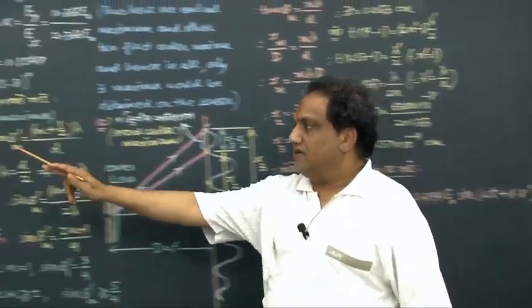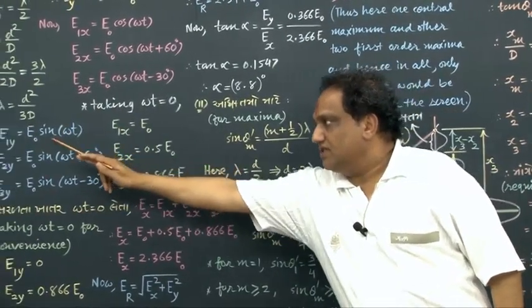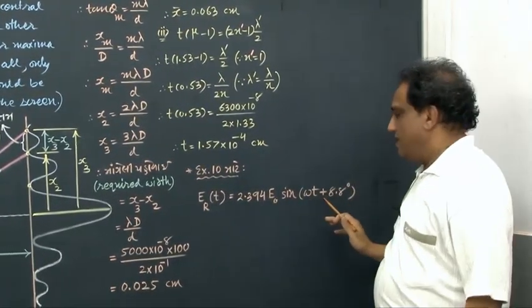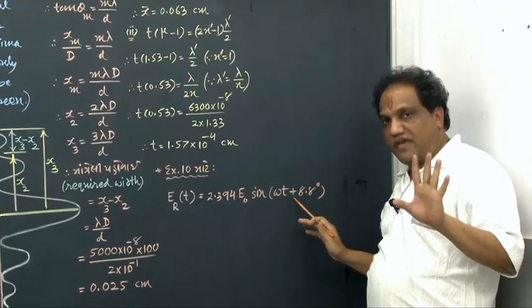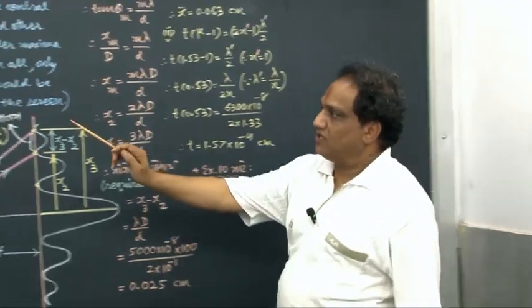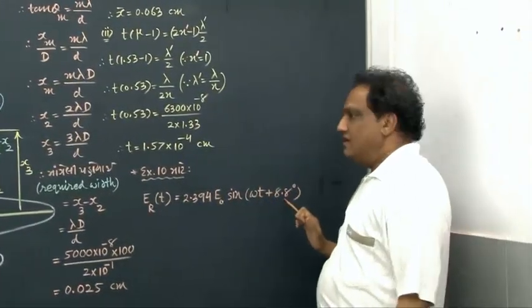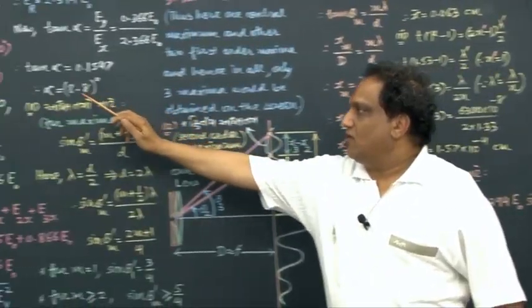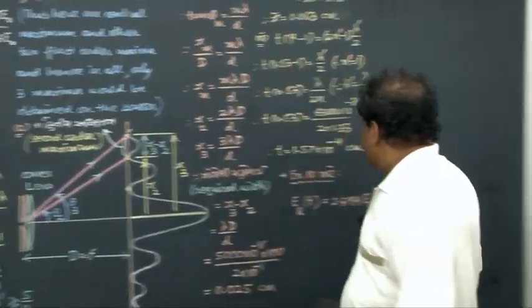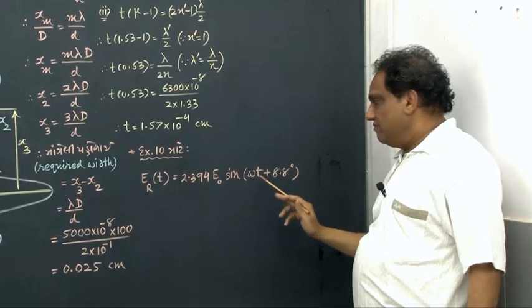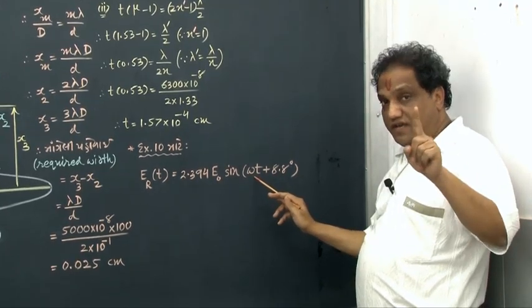Because in the given standard equations they had given sine function. So sine of omega t plus the resultant phase which you got. Omega t plus alpha, where alpha has come out to be 8.8 degree. Because alpha is 8.8 degree, here you are putting value of angle in degree, this also must be taken in degree. Fine.